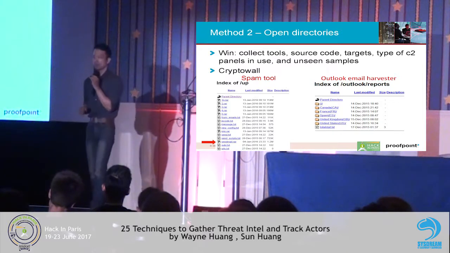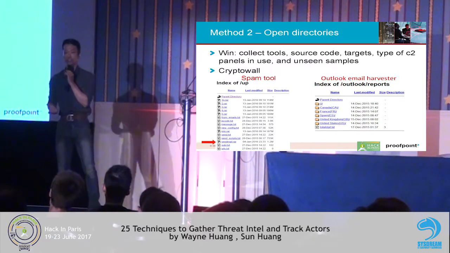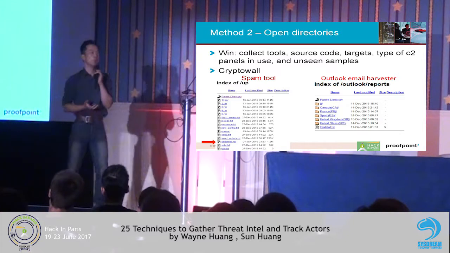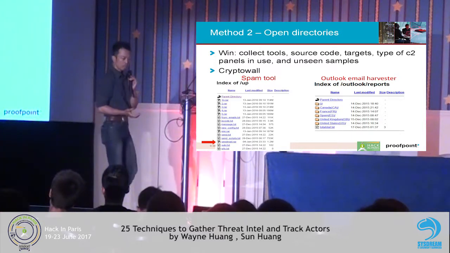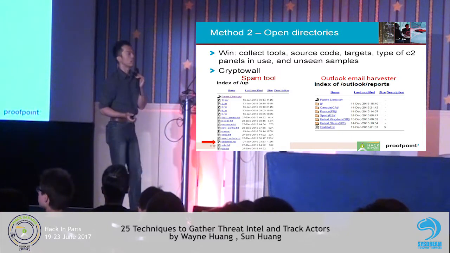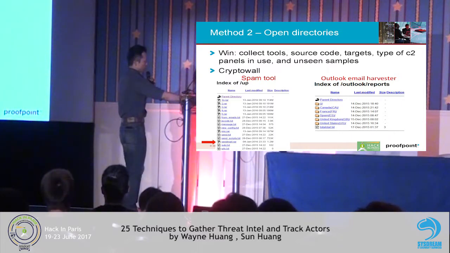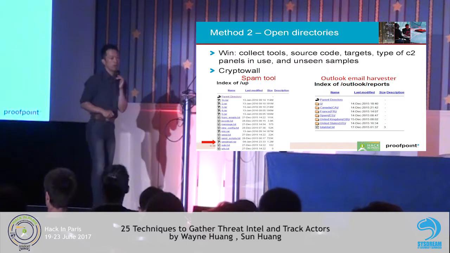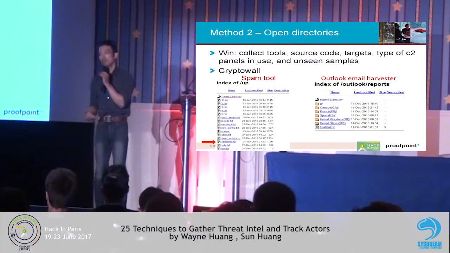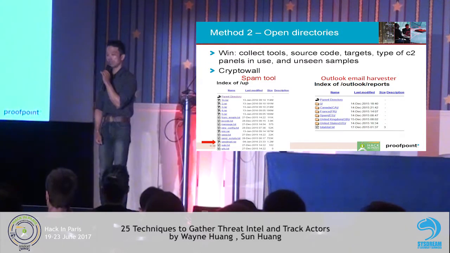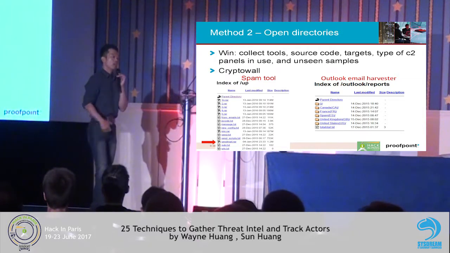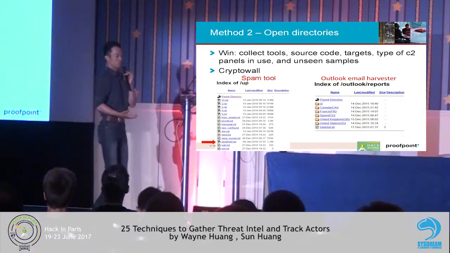Method 2, open directories. A lot of these actors leave their directories open, and you can just list out all the files. In this example, we're using one of the CryptoWall actors, because I guess most of you would have heard of CryptoWall, but you might not have seen how the group operates.